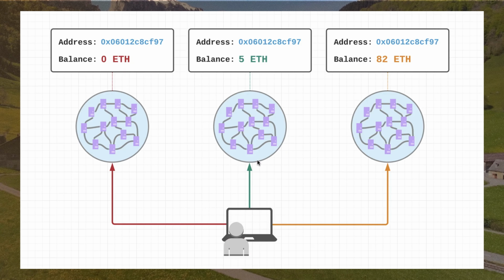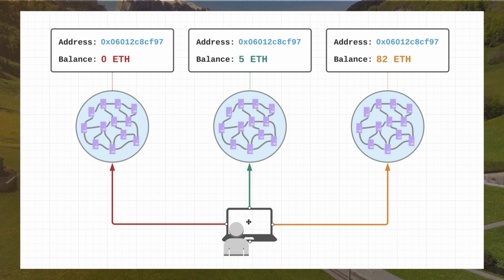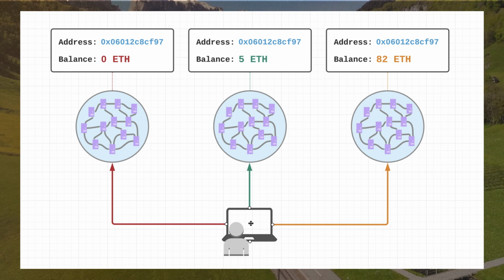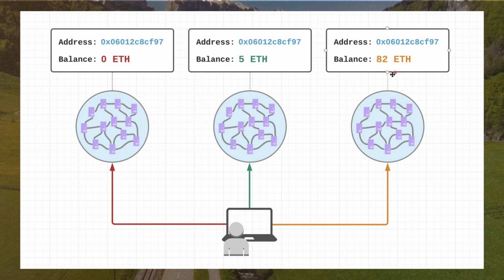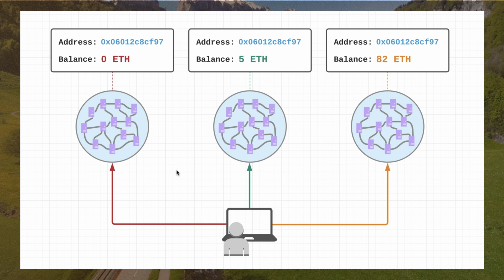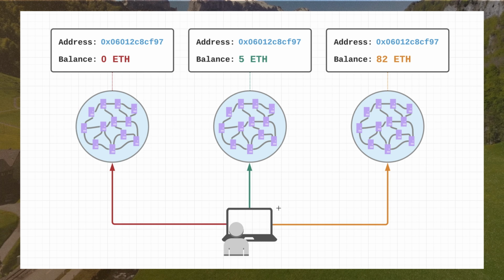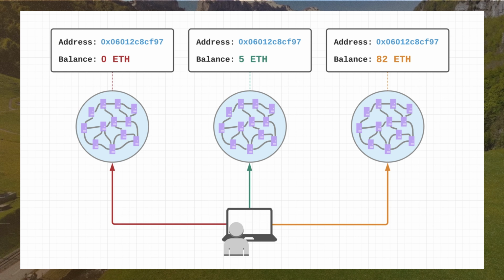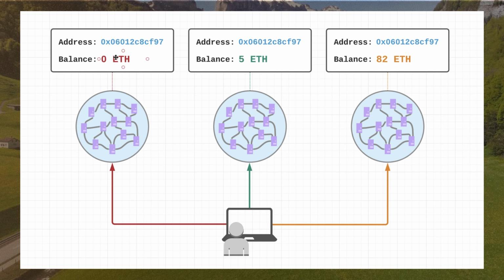So check this out. Whenever you have an Ethereum account, it's basically just a record on that network. Now, the record can have different assets depending on which network it's on. So for example, let's say this was the main Ethereum network. For my account, I have 0 Ethereum on the main network.